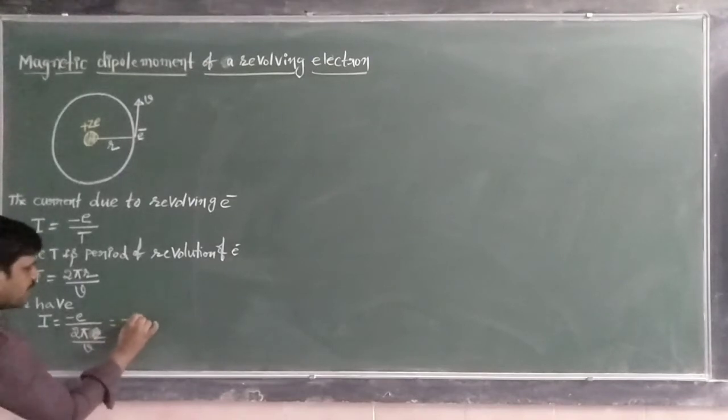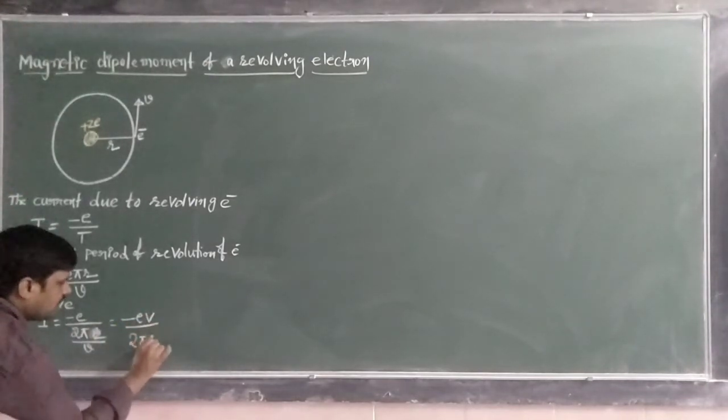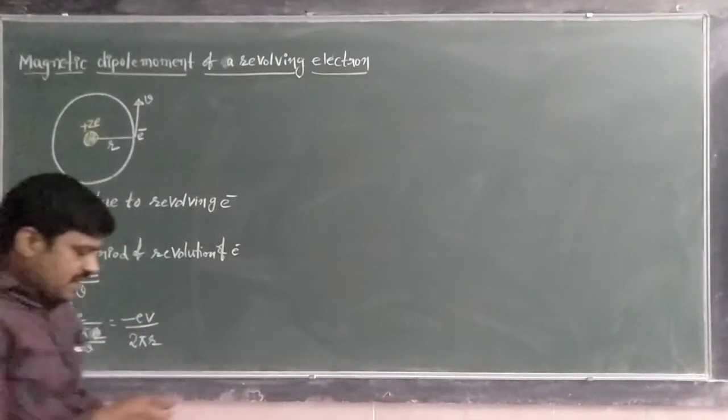So this is minus ev divided by 2 pi r. This is the current which the electron produces when it moves in a circular path, I equals ev divided by 2 pi r, where v is the speed of the electron in the circular orbit and r is the radius.